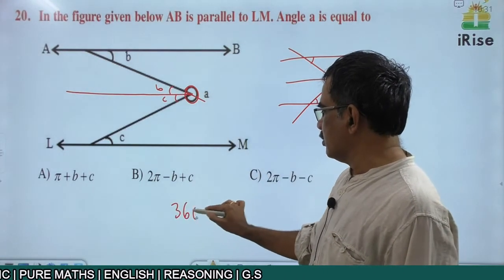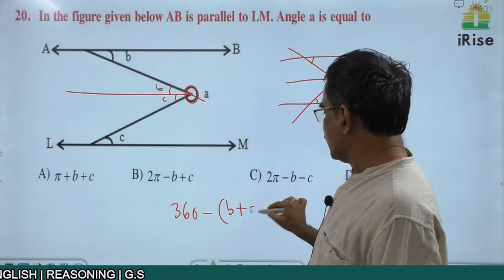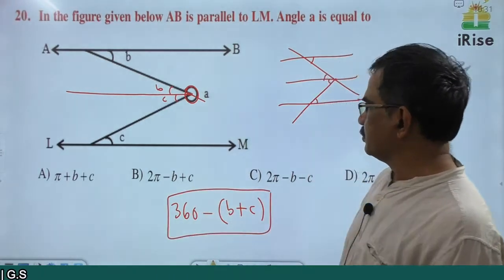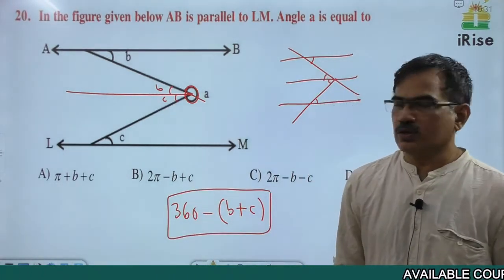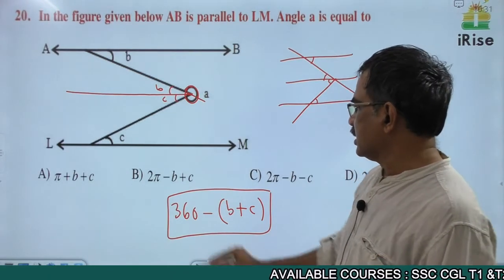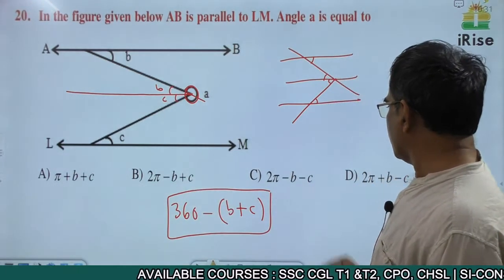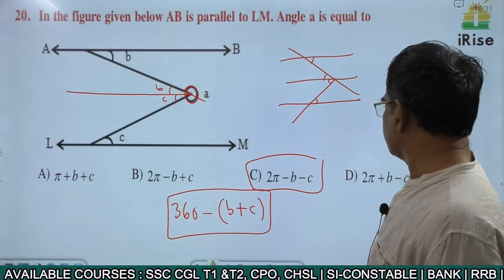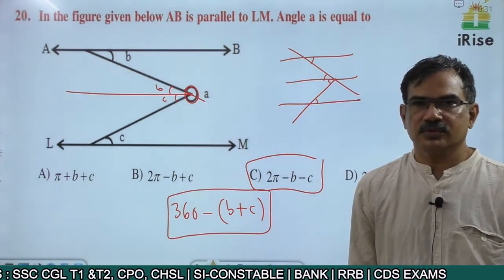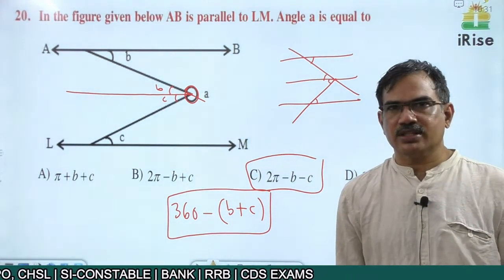So 360 minus of B plus C is the answer for this question. So A is equal to 360 minus of B plus C. So the answer is the third option. Next question.